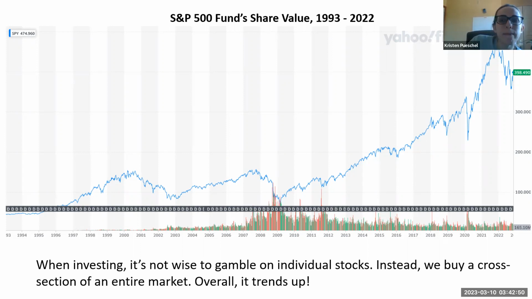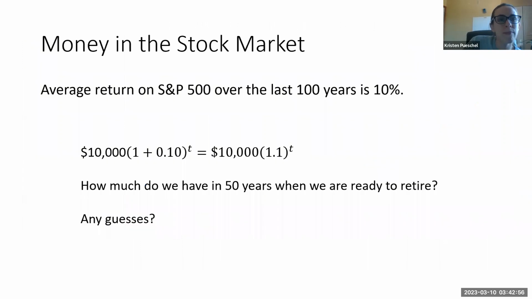Okay. So it goes up and down some, but overall it goes up. On average, the return on these investments is 10%. The best years and the worst years, the average return is going to be 10% per year.